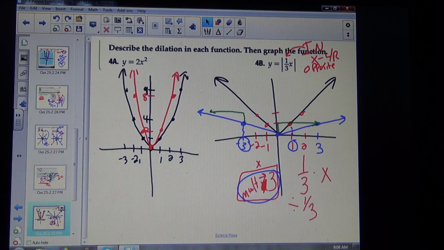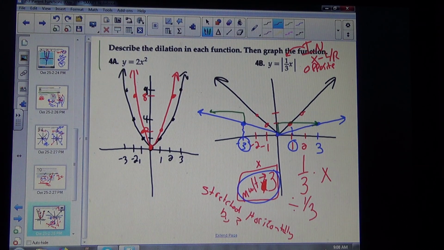Okay? So now if I describe the dilation, I would say it was stretched horizontally. There's 2 L's. I might be wrong on that. Stretch horizontally by 3.